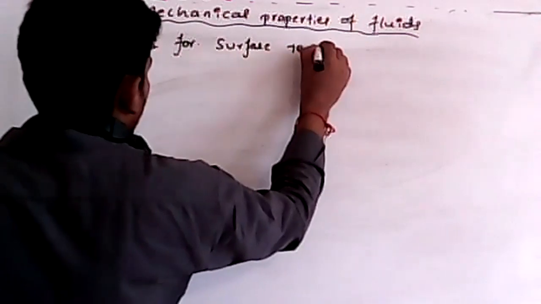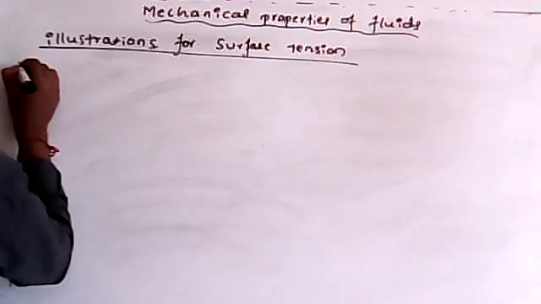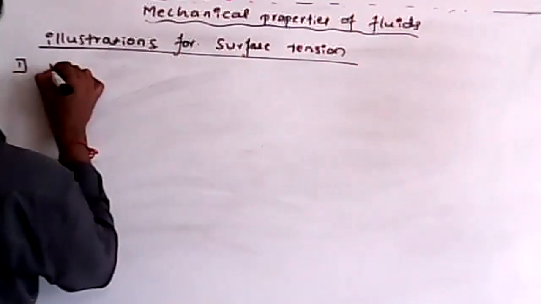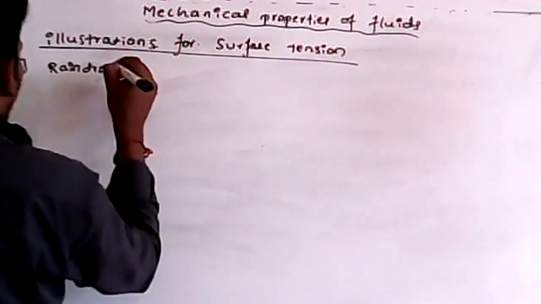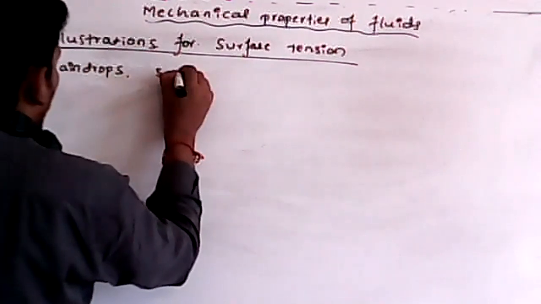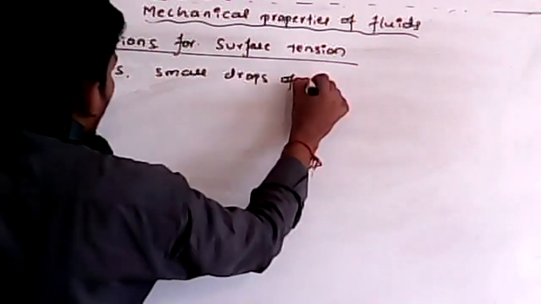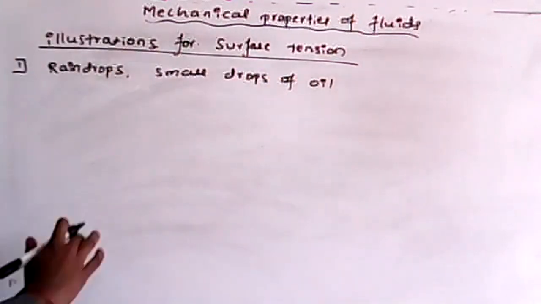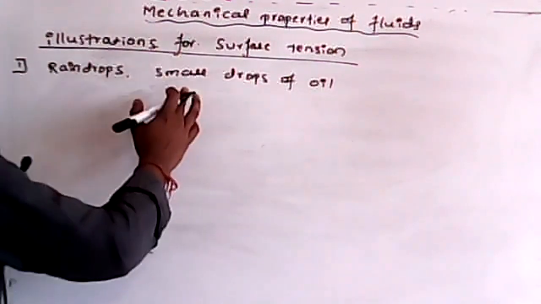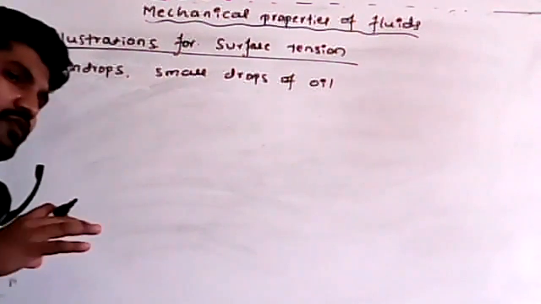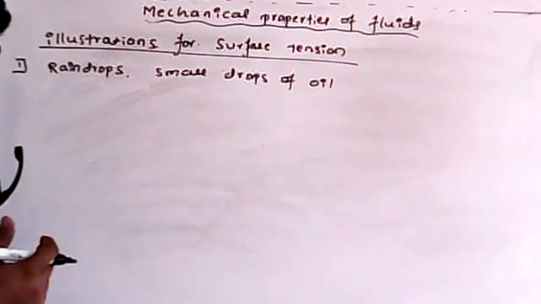First one we have to write: raindrops and small drops of oil. These two, remember, in our daily life you can see raindrops as well as small drops of oil. So these always consist of spherical nature.